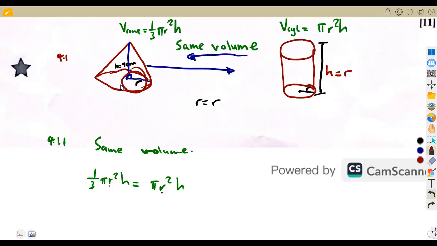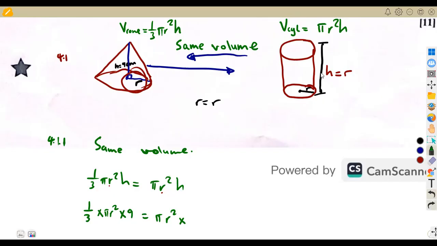And on the cone, we have the height, which is 9. So we are going to substitute here. Let's substitute, I want you to see something that is just clear. A third times pi r squared times the height, we are given that the height is 9 on the cone, is equal to pi r squared times the height on the cylinder.